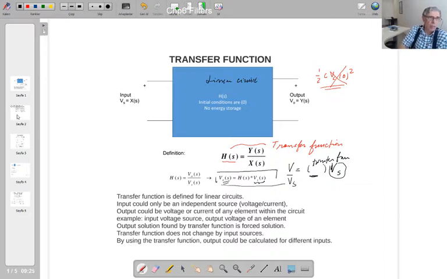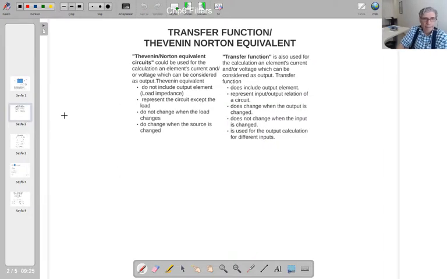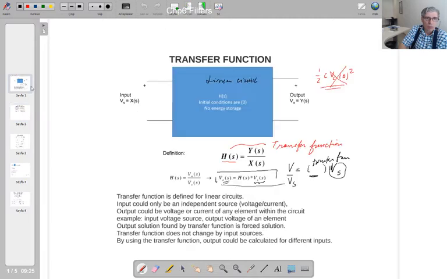So the next step, now in here, the last thing we are saying is this. By using the transfer function, I can find one of the element voltage and current. This element is the output element. So what I said here, this transfer function helps us to find out one of the element currents and voltages.